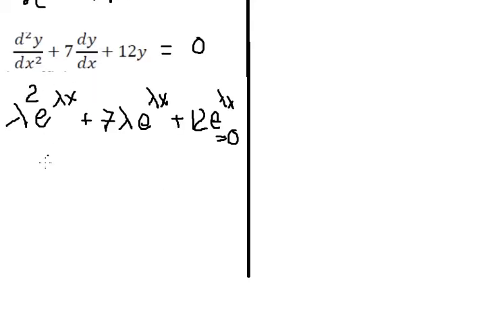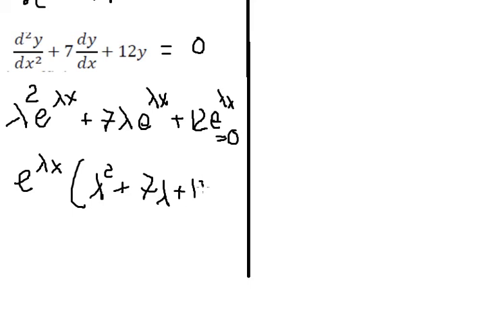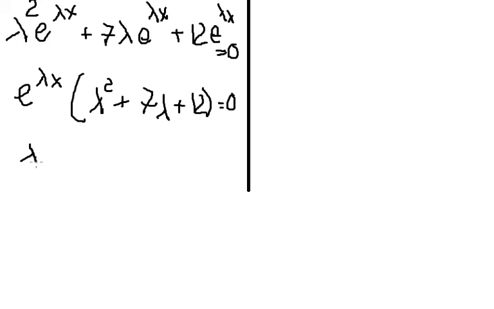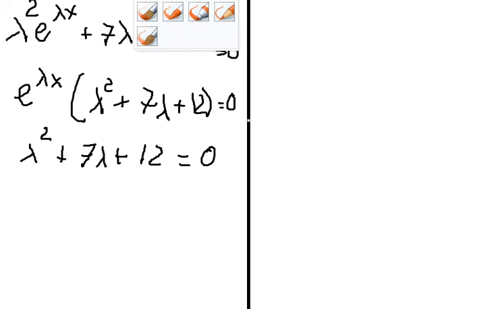So we have e to the power of lambda s in here, and we can do factorization. So we have lambda square plus 7 lambda plus 12 equals 0.